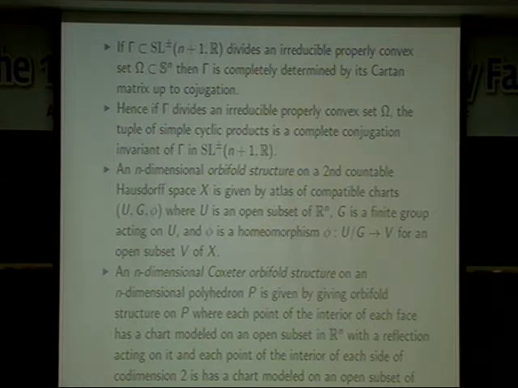An n-dimensional orbifold structure on a second countable Hausdorff space is given by an atlas of compatible charts where U is an open subset of R^n, G is a finite group acting on U, and phi is a homeomorphism, for an open subset V of X. So an n-dimensional orbifold structure on an n-dimensional polyhedron P is given by giving an orbifold structure on P where each point of the interior of each face has a chart modeled on an open subset in R^n with a reflection acting on it.